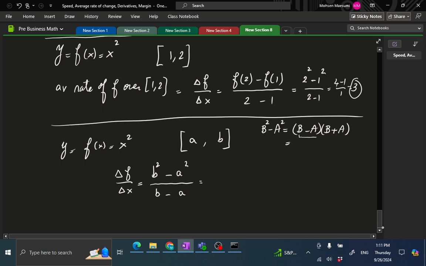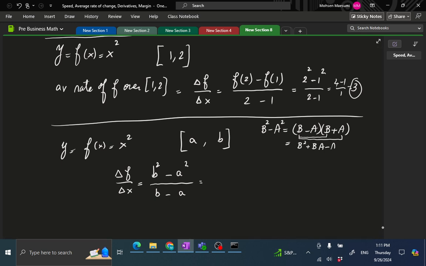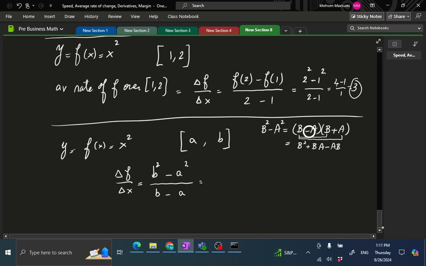Because I can verify by multiplying. B times b is b squared. B times a, well, that's ba. A times b minus ab. Minus a times a, that's minus a squared. The magic is that these two middle terms cancel out, and I do get b squared minus a squared.